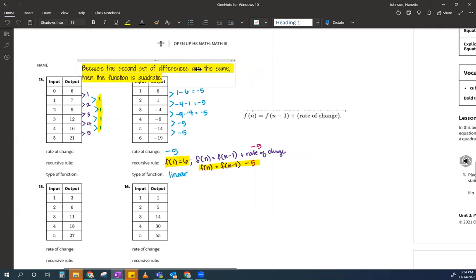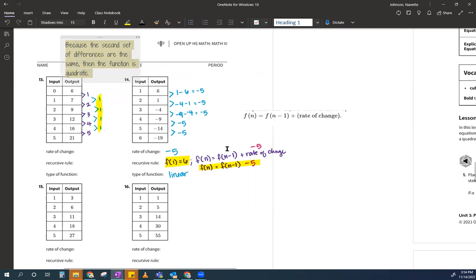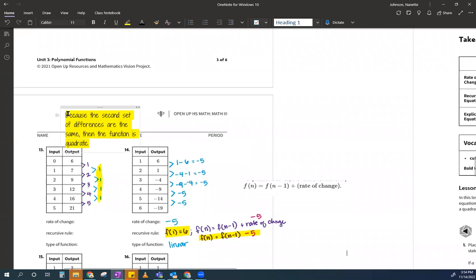So because my second set of differences is all the same, and I'll take my little arrow and point at it there, right? Because those are all the same, that means that it's quadratic. Let's write that down here. This is quadratic.